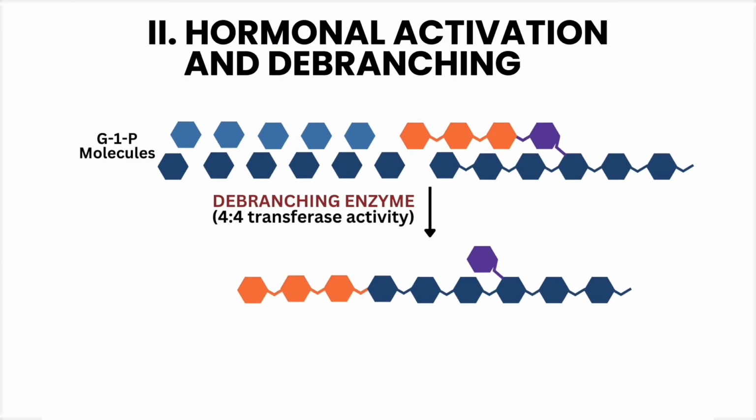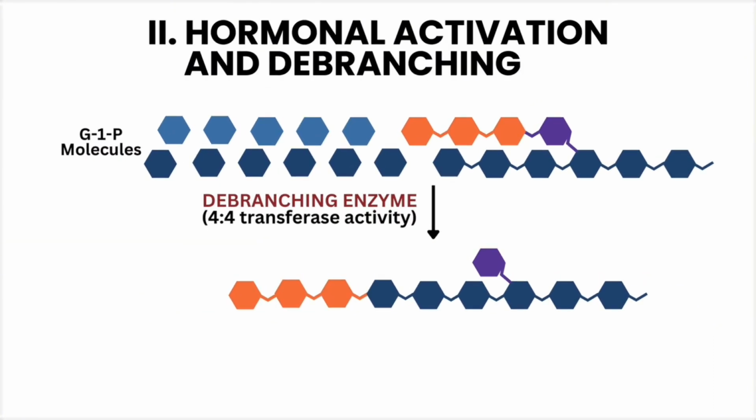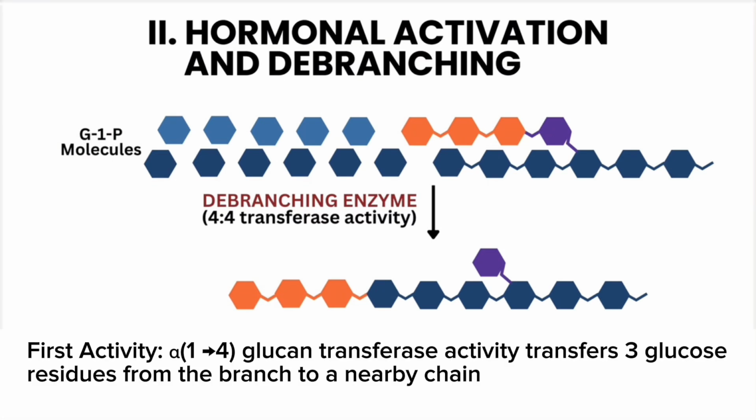Step 2. Debranching. At the branch point, glycogen phosphorylase can no longer proceed. Here, the glycogen debranching enzyme takes over. This enzyme has two activities. The first activity is that alpha-1,4 glucan transferase transfers 3 glucose residues, or the orange hexagons, from the nearby linear chain.